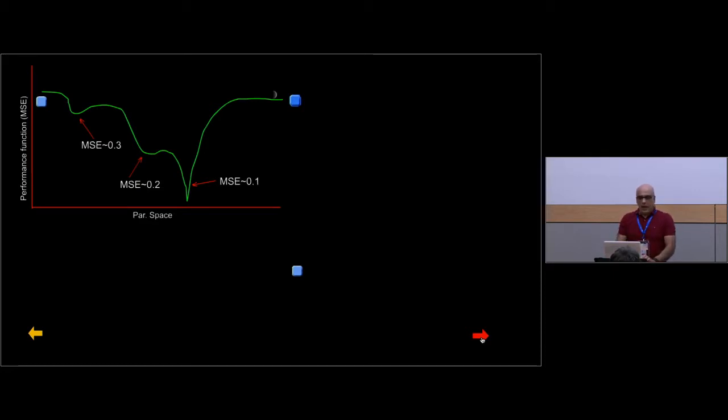We always start from somewhere, the initialization, and go to find the deepest part in this curve. If we are lucky, we can find the solution easily. If not, we could end up in a local minimum like this, and we can add some term to our optimizer, like stochastic gradient descent, to get rid of this local minimum so we can find the global minimum.